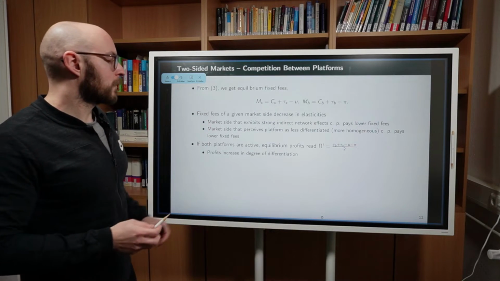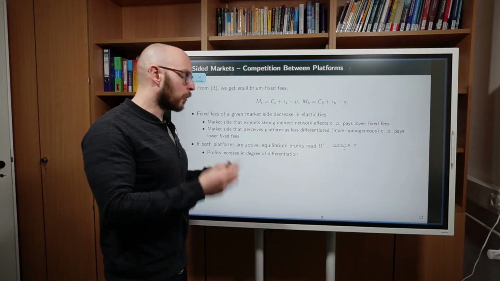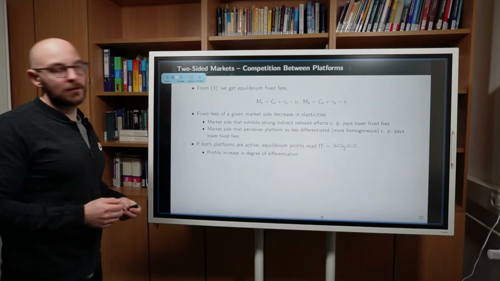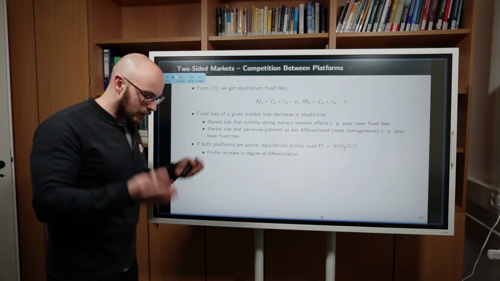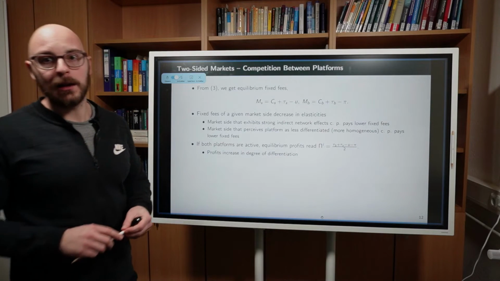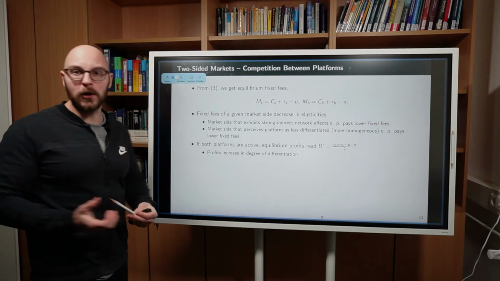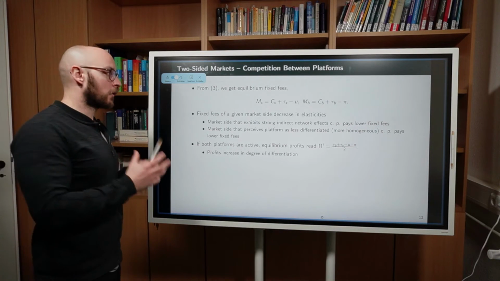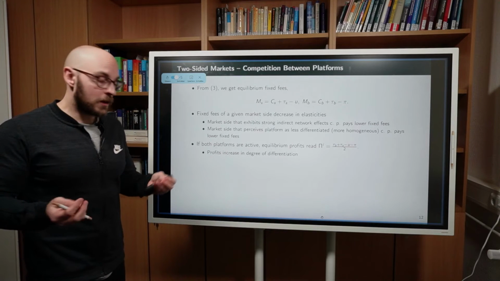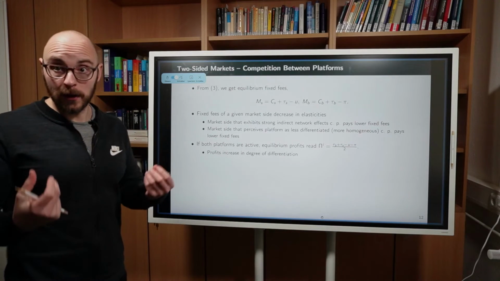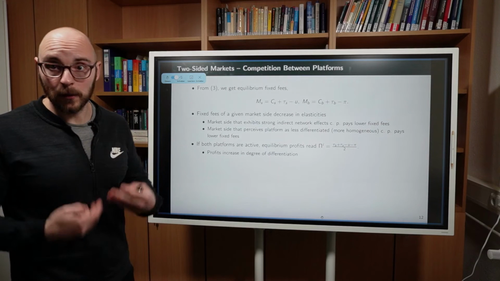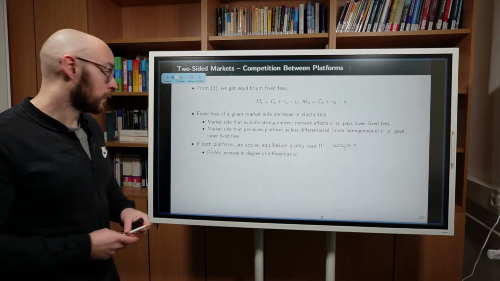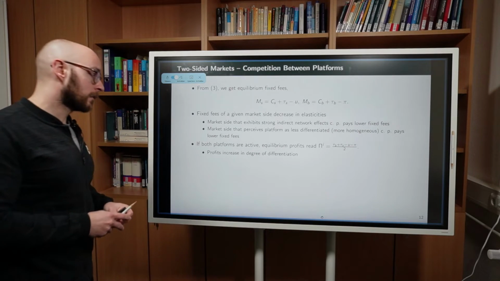And if the platforms are perceived as homogeneous, that means that tau s is low, and this would mean that the fixed fees are lower. That's quite in line with what we had in our competition models, for instance in chapter G, where we talked about a differentiated Bertrand model, where we assumed that if the degree of differentiation is low, the products are perceived as more homogeneous, and prices will be lower, so price competition will be more fierce, right?